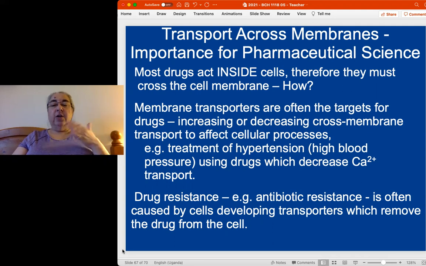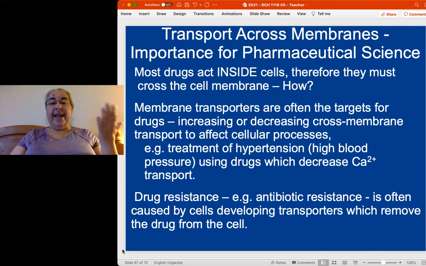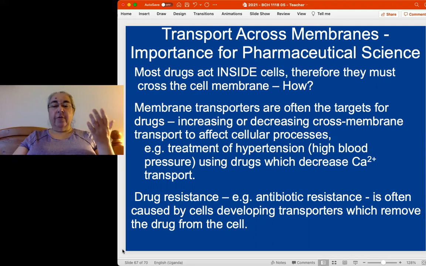So increasing or decreasing transport across membranes is often the aim of drug treatment, to affect the cellular processes by changing that transport. For instance, high blood pressure or hypertension uses drugs which decrease calcium transport across membranes.